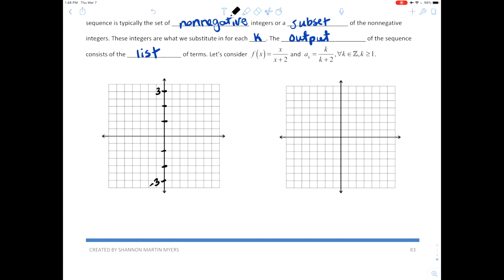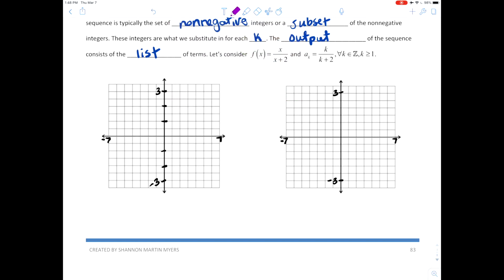And for the x's, we'll just keep them as 1 per box or per line. I'll do it the same over here so we can compare.